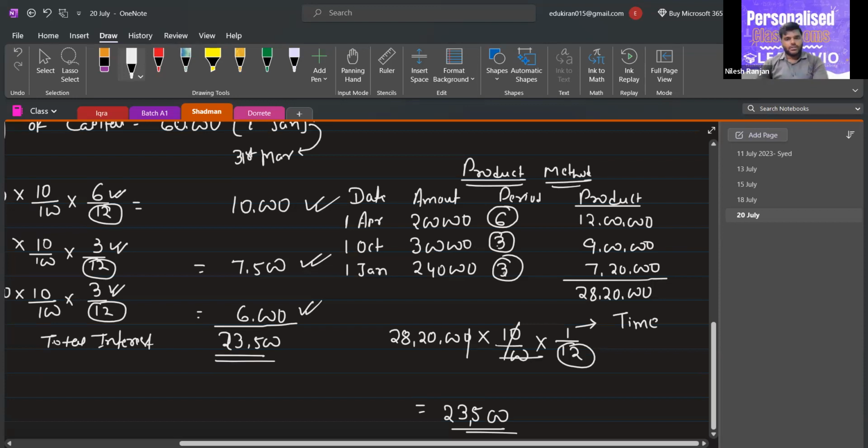After calculation of the product, we calculate the total of the product, and then we calculate interest for 1 month. So 28 lakh 20,000 into 10 by 100 into 1 by 12, and you will get the final answer. So in every product method, we will use only 1 by 12.